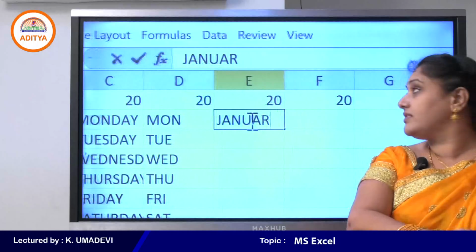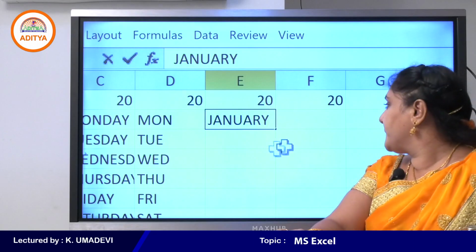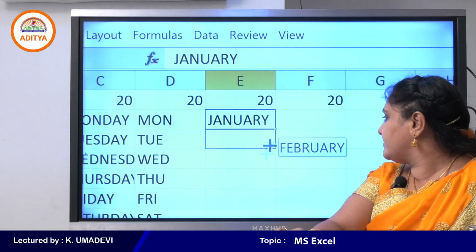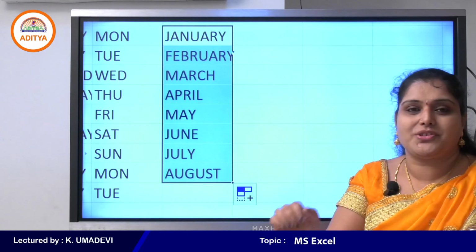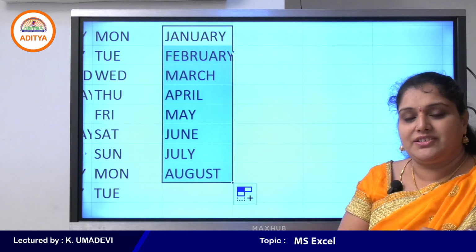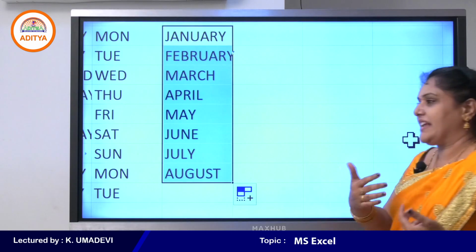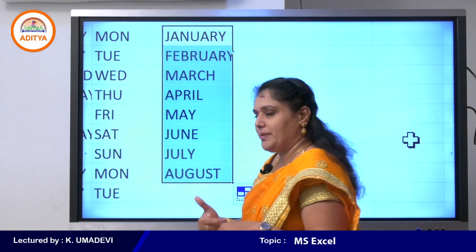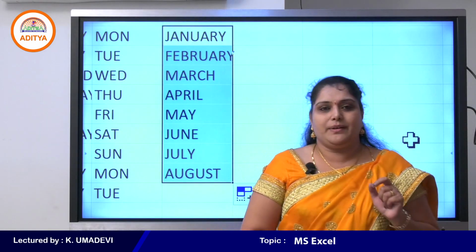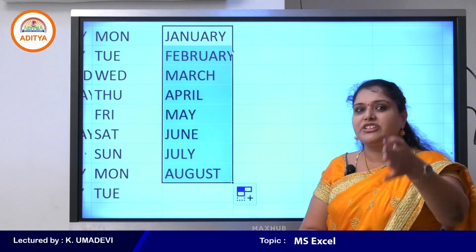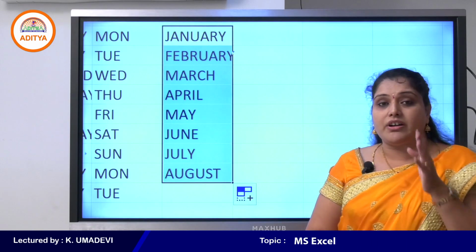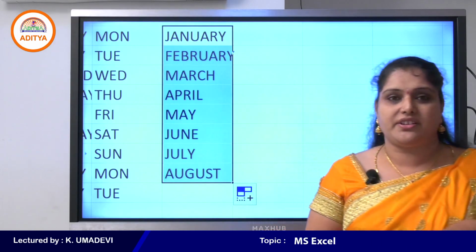Like you can enter January and click and drag. So this is the use of fill handle. Instead of manually entering the data again and again, we can automatically complete the list by clicking and dragging the fill handle using the mouse. So it is a shortcut method to fill the additional cells.